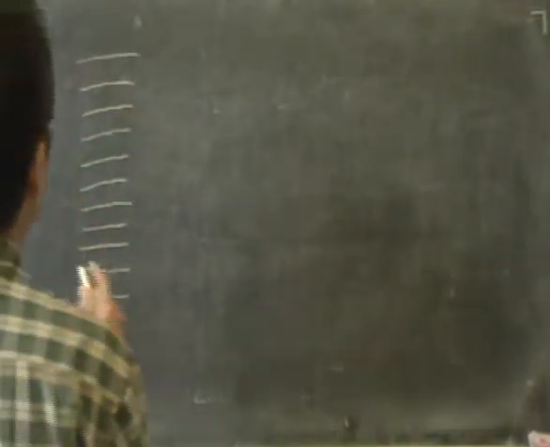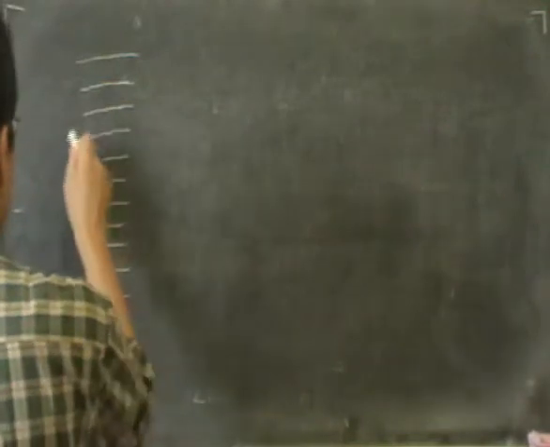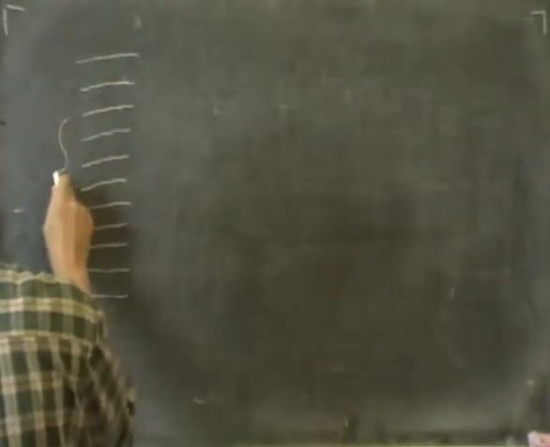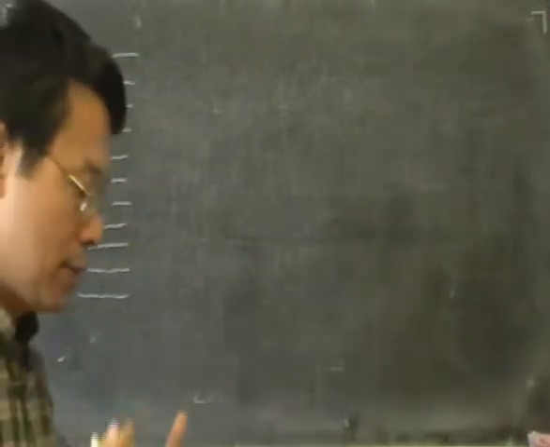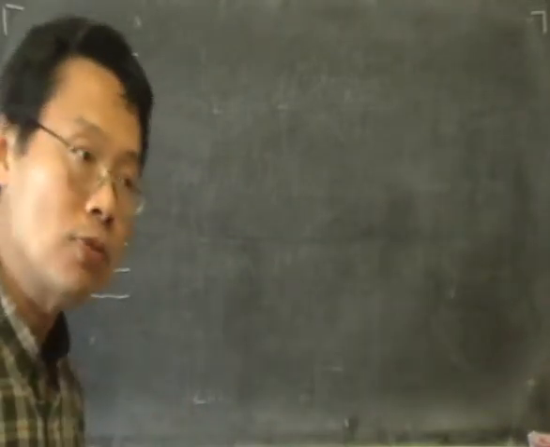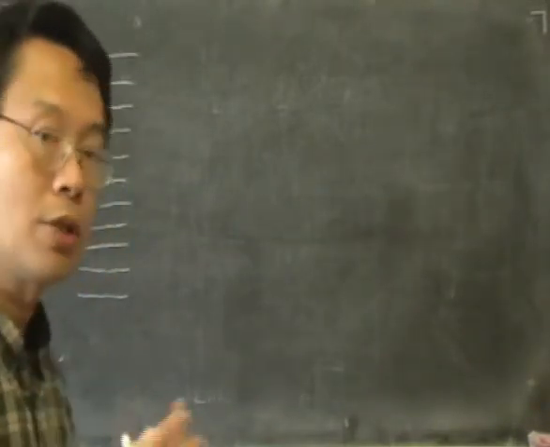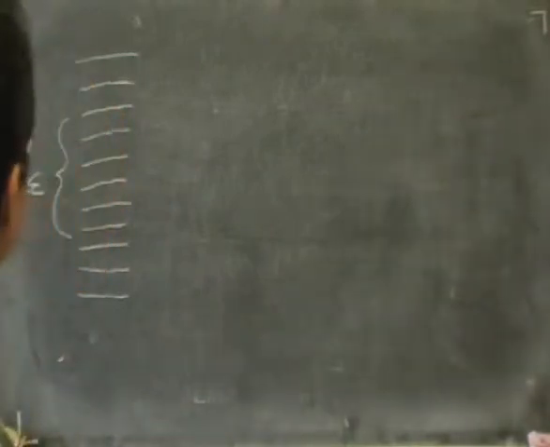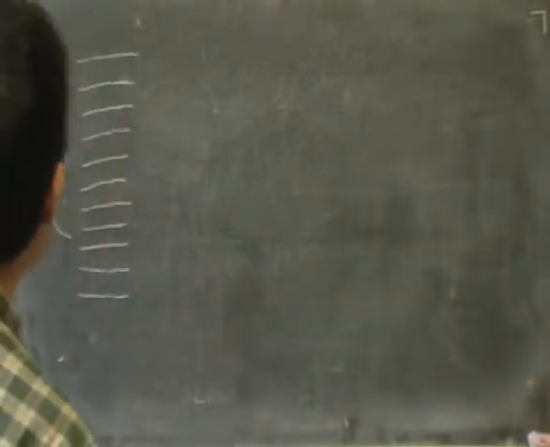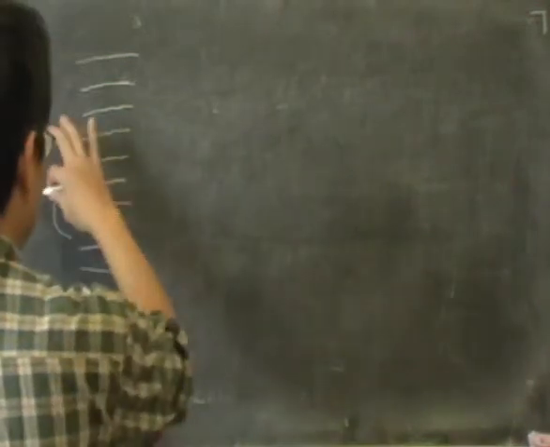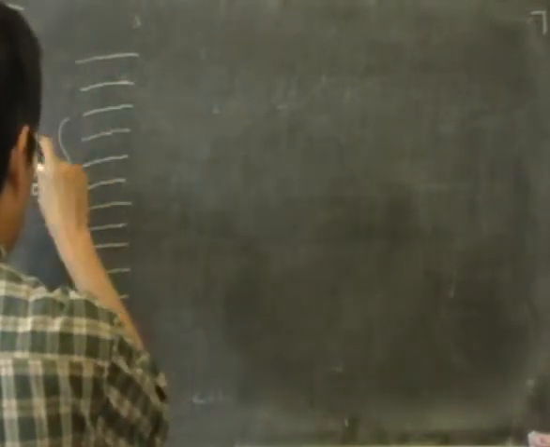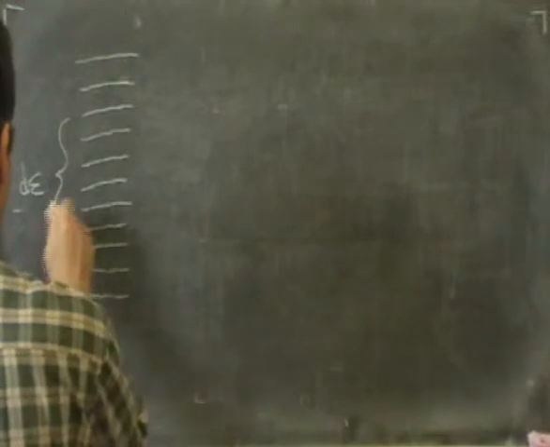So the way to approach this problem is to consider a small interval of energy. Let's say d epsilon. And within this small interval, there are a number of energy levels. So let's say this interval of energy is around the energy Ei.